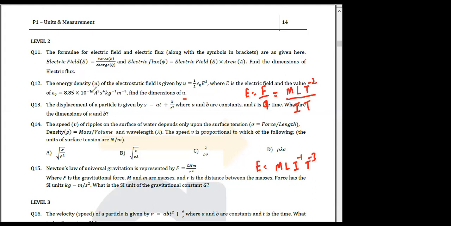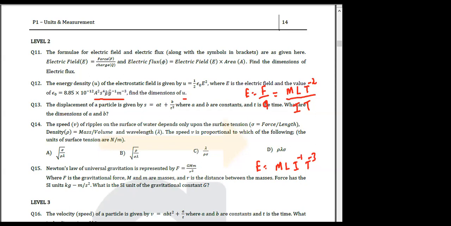Now, epsilon naught, right? If you see this, can you find the dimension by using this?